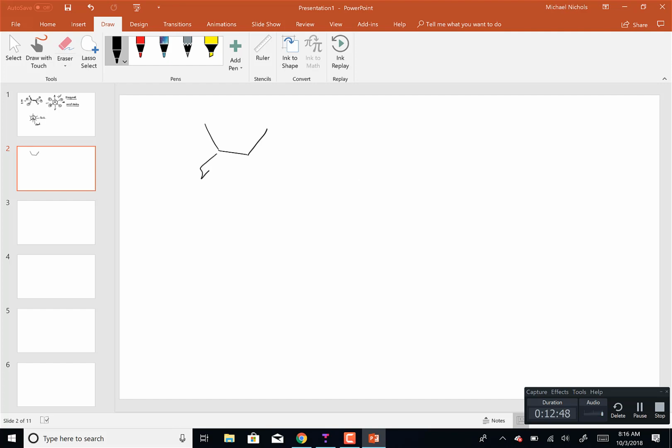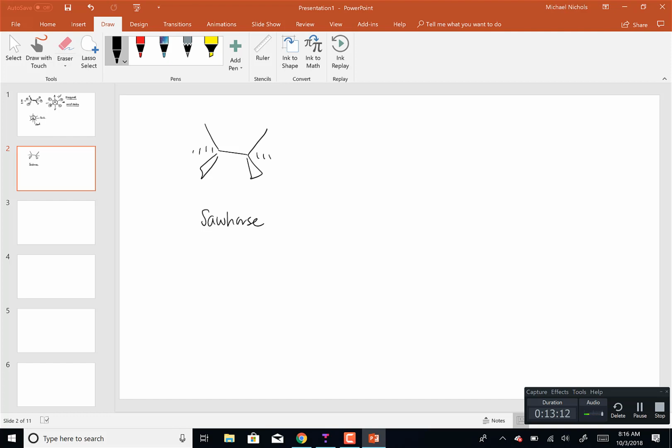So then the other option that we have is to draw this structure, and these are actually what are called sawhorse structures. I don't know if you've ever seen a sawhorse or know what a sawhorse is.